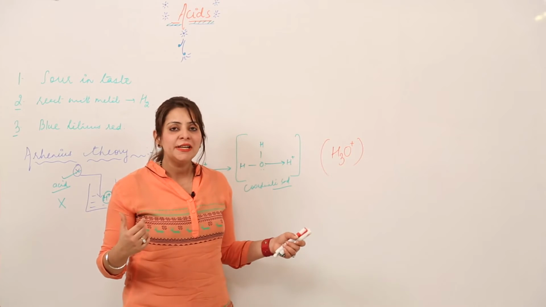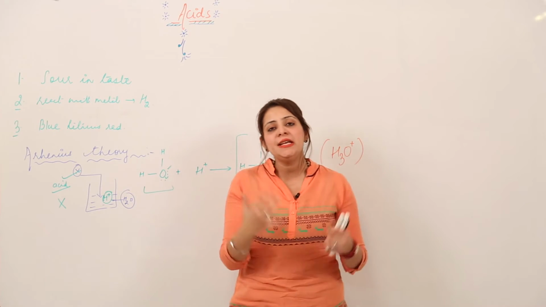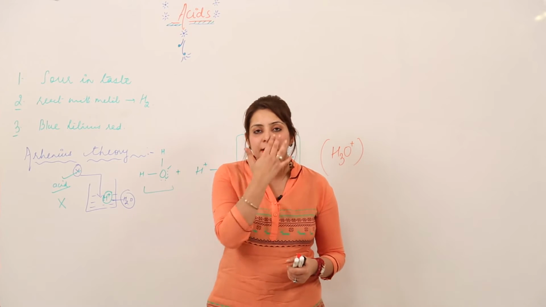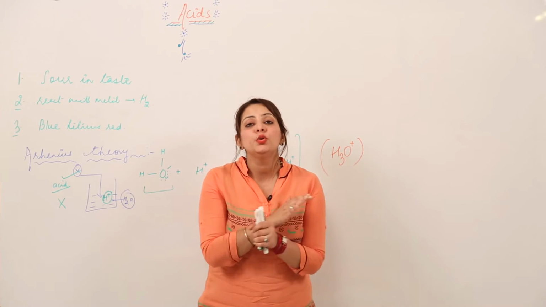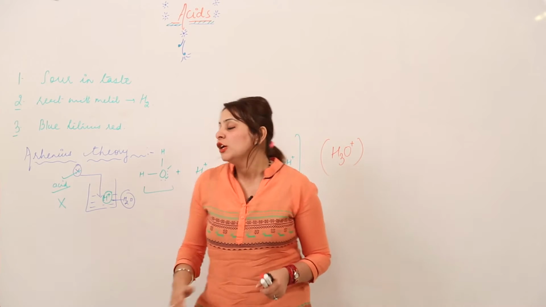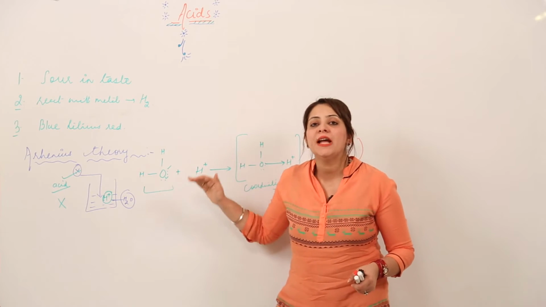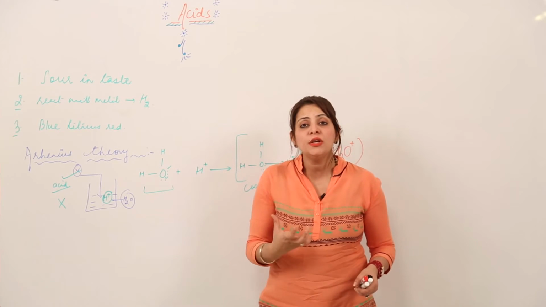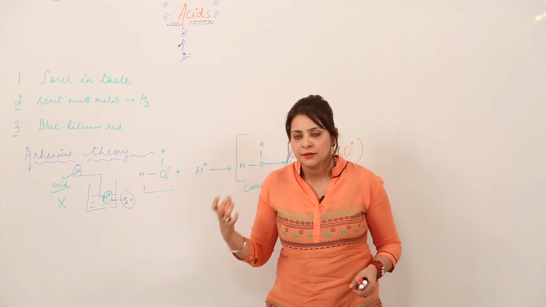You will state that when any substance is dissolved in water, if it gives the hydronium ion then it is regarded as an acid, and if it does not produce hydronium ion, then it is not regarded as an acid. So this is the Arrhenius theory for an acid, or a theory which shows that a substance exists as an acid.